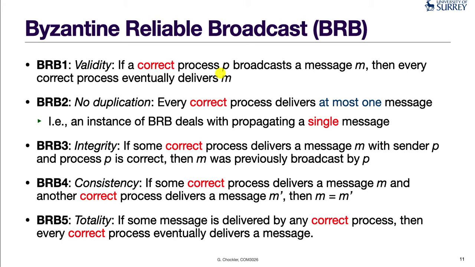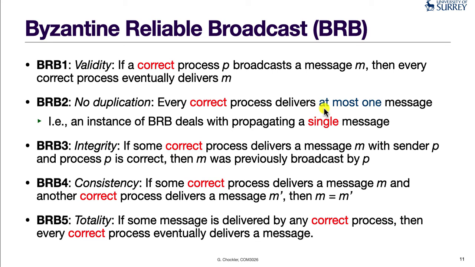The second property, no duplication, looks actually quite different from the no duplication property we are used to dealing with, and it says that every correct process delivers at most one message.